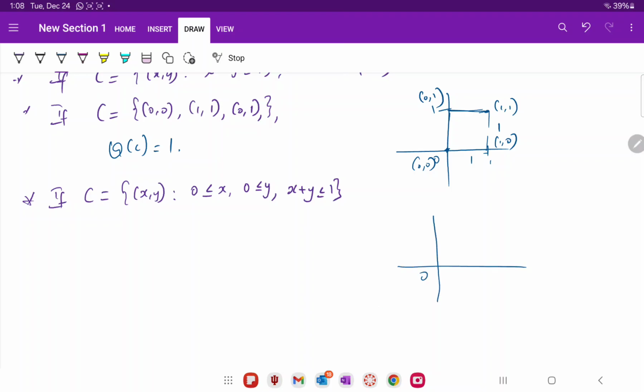When x is equal to 0, y equals 1, and when y equals 0, x is equal to 1, so we have x plus y equals 1 to be this line. The area under it is the area of a triangle, half base times height, and that equals half because our base is 1 and our height also is 1.